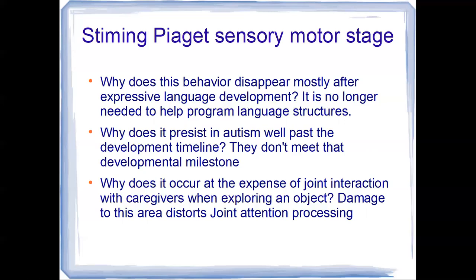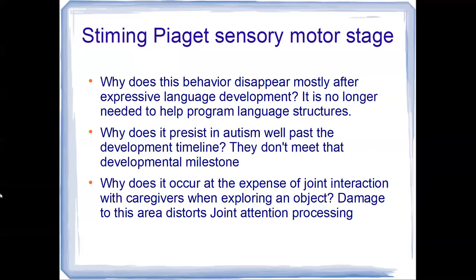And the last question was, why does it occur at the expense of joint interaction or social interaction with caregivers? A lot of the social interaction that you see with caregivers is mediated by a reward. I think it's possible even joint attention in language also results in a reward.